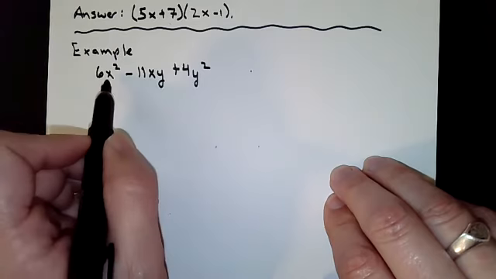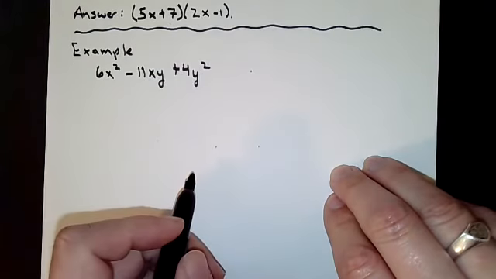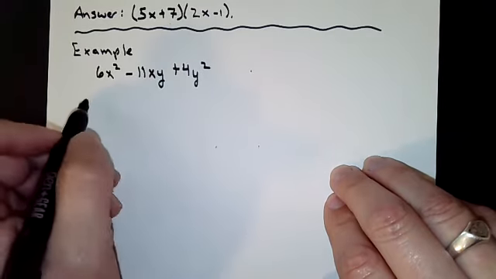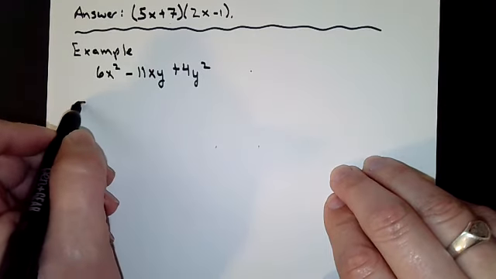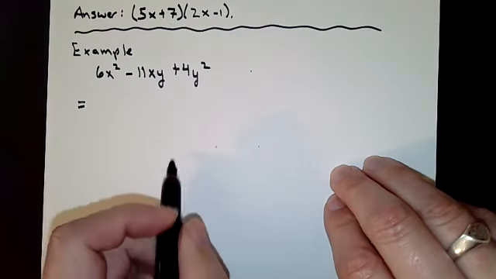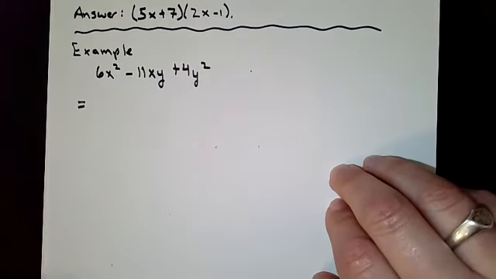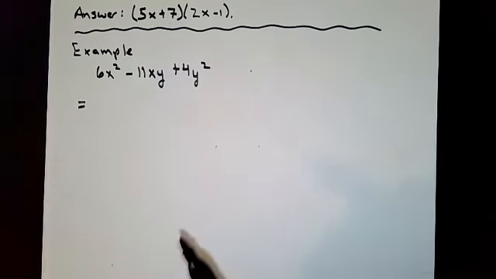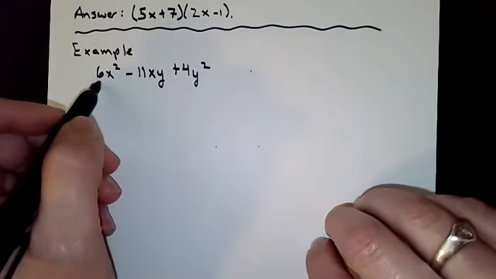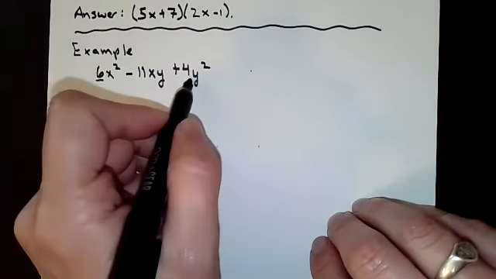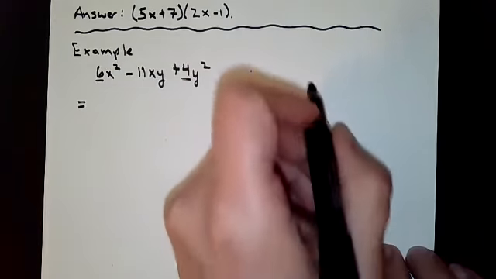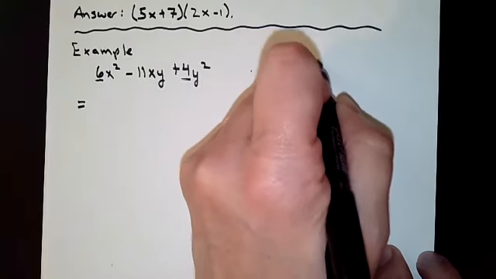So again, this is a trinomial, 3 terms. And we're going to try the AC method. So AC method, we want to take the first coefficient and the last coefficient, multiply them together. So 6 times 4 is 24.